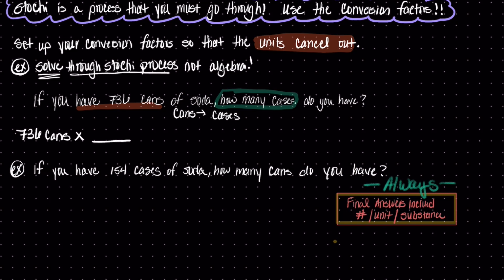I know that in one case of soda, I have 12 cans of soda. And now that I have built my conversion factors, I have to see what's on top can cancel with what's on bottom. That's the goal here. We're looking to cancel out some units.